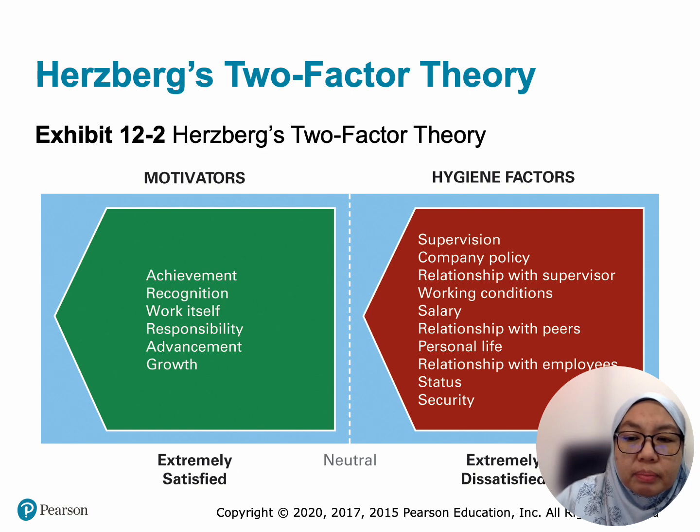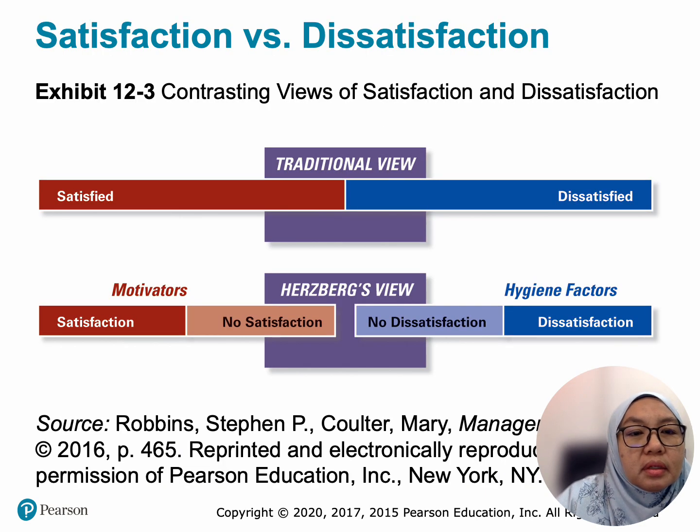He concluded from people's responses that certain characteristics were consistently related to job satisfaction and other characteristics were related to job dissatisfaction. Herzberg also concluded that the traditional view that the opposite of satisfaction was dissatisfaction was wrong. He stated that removing dissatisfying characteristics from a job would not necessarily make that job more satisfying or motivating.